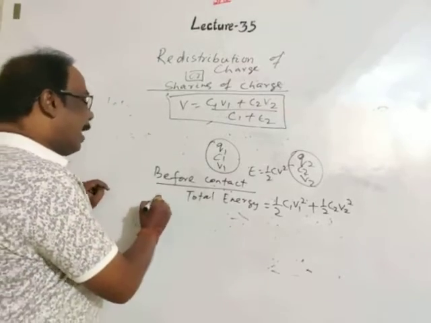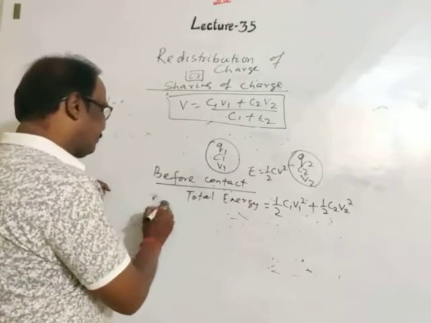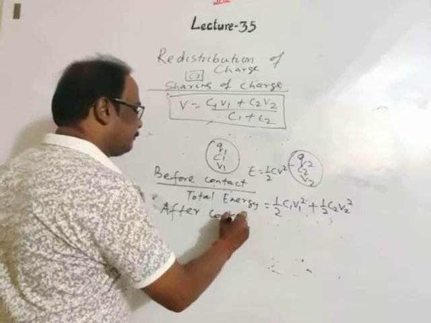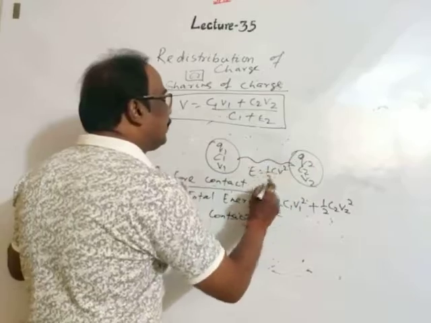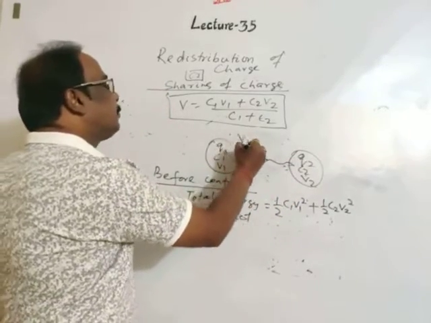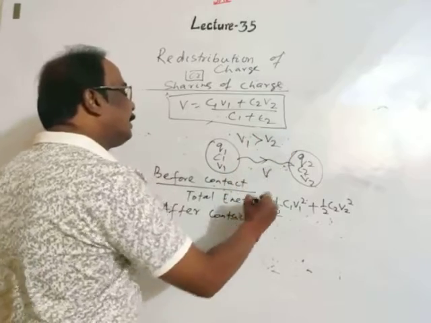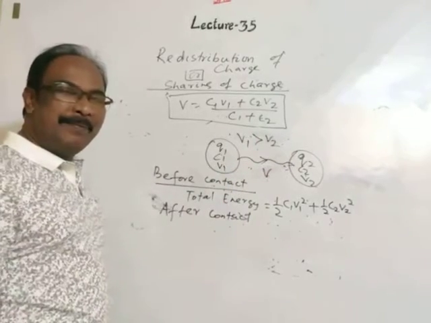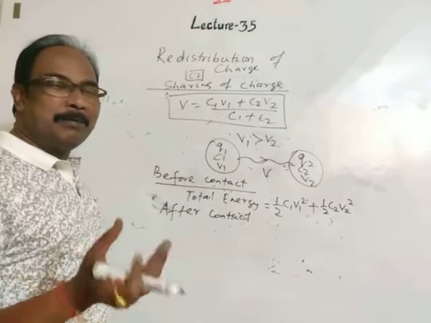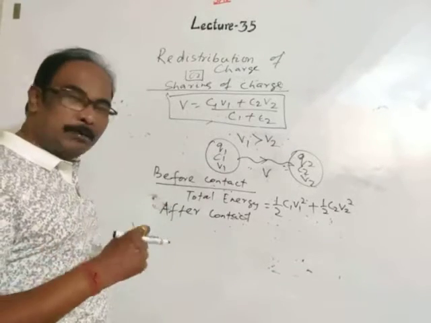Okay. After contact. When the bodies are connected, charge flows from the body at high potential to the body at low potential. Potential becomes the same. Or if we use a parallel plate capacitor, then the potential difference between the plates of both capacitors becomes the same.